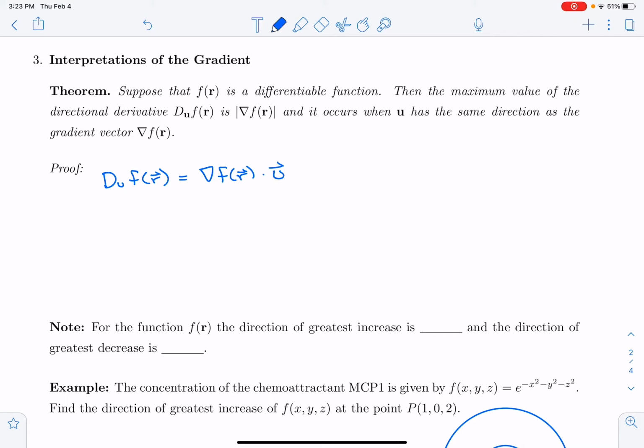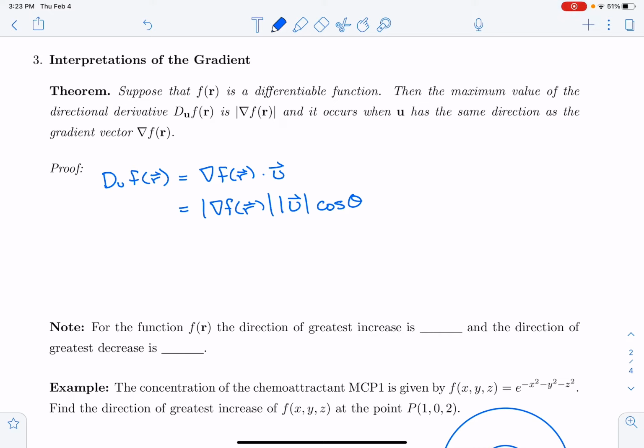One way that we can compute a dot product is we can say that this is the magnitude of the first vector, which is the gradient, times the magnitude of u times cosine of the angle theta between those two.